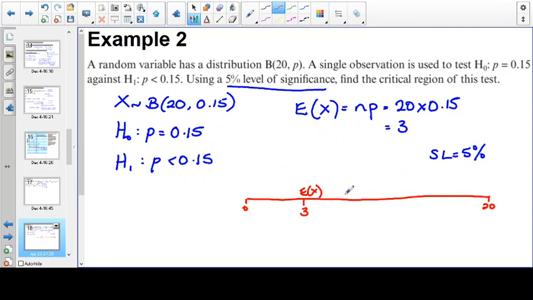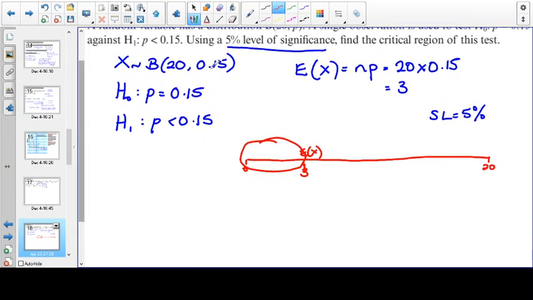Based on the fact that 0.15 is true, the expected number out of 20 trials is 3. What we need to do is test that it's less than that. For it to be less than that, the critical region is going to be somewhere in here. So what we need to do is test some values.